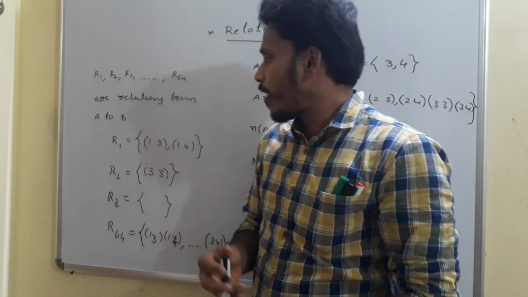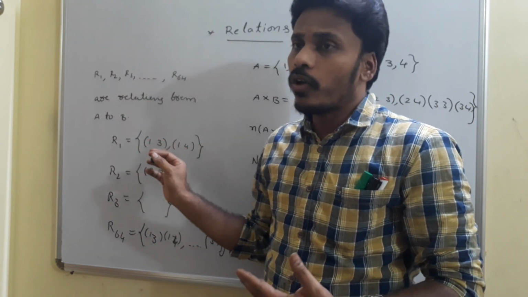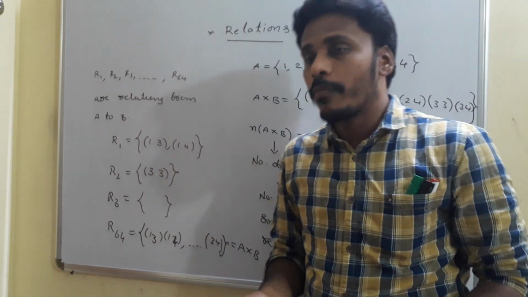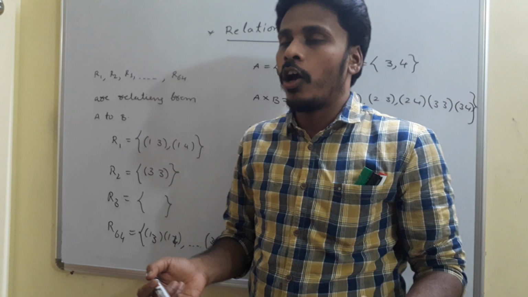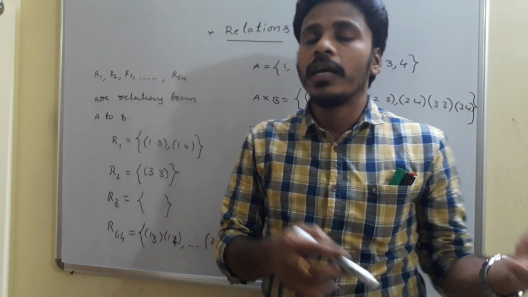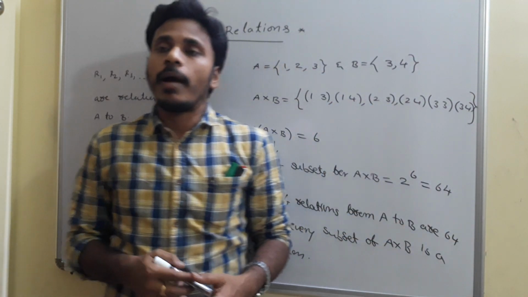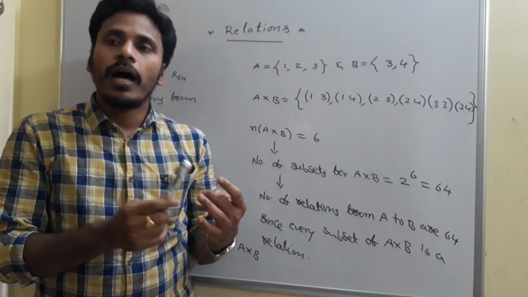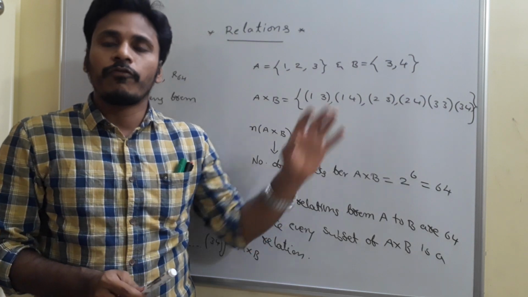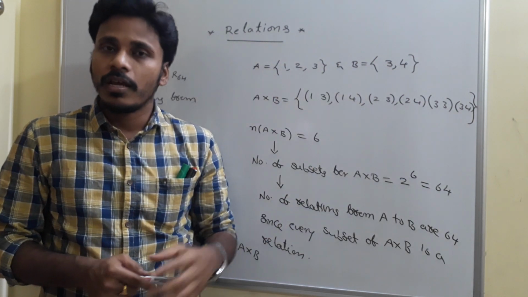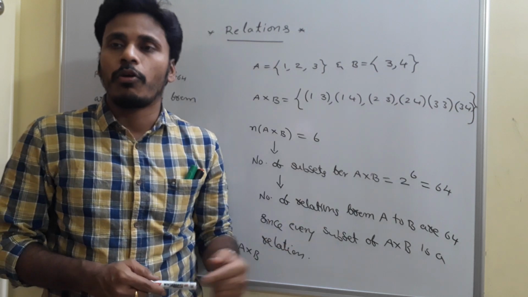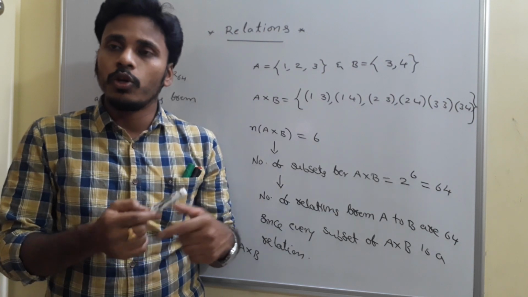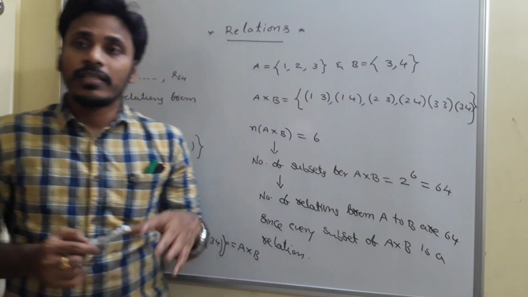So if I have a relation like (1,3) and (1,4), I can represent it in arrow diagrammatic form, graphical form, tree diagrammatic form, and all possible types as in A cross B. But among all those, usually we use just the set builder form, list form and arrow diagrammatic form for sets having a finite number of elements, whereas for sets having an infinite number of elements, we just use graphical representation. I mentioned all those representations in the previous class.